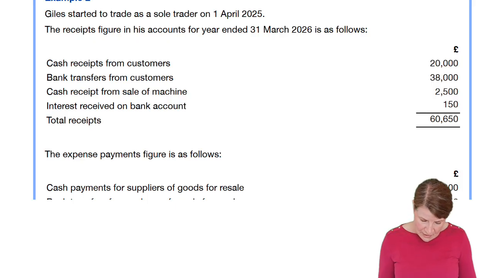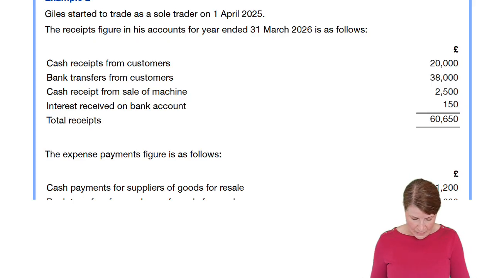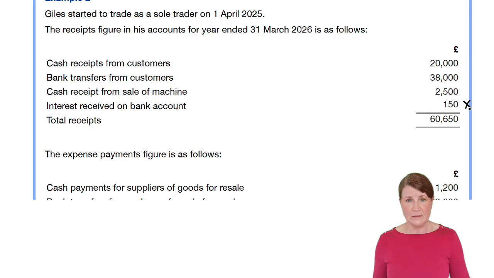We've got interest received on a bank account, which is 150. So you think, well, okay, that isn't trading income, is it? That's going to go to our income tax computation, but that's going to go under the savings income column. So we've got a problem with that. Now, it's included in our net receipts figure, so therefore what we need to do is we need to strip it out, don't we?